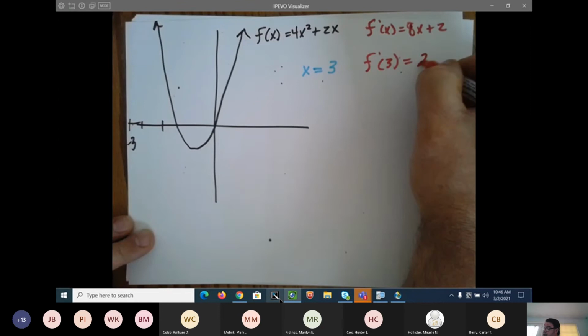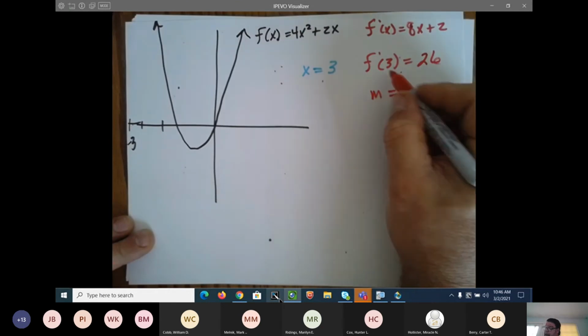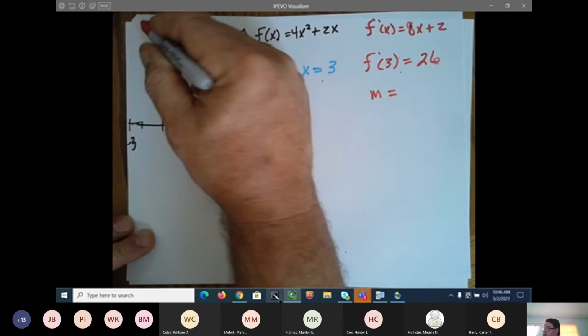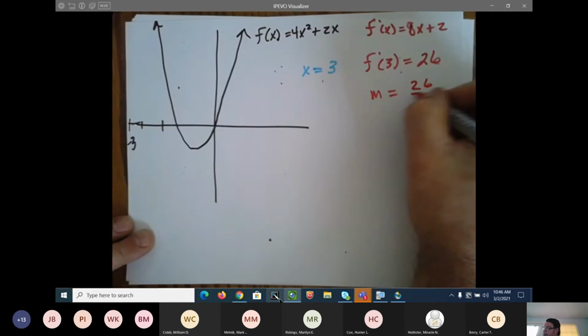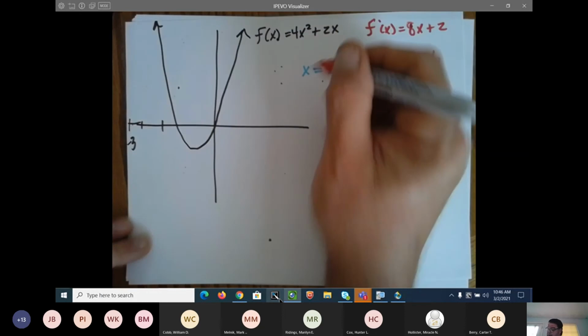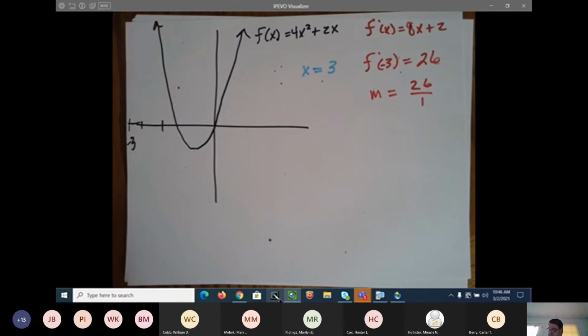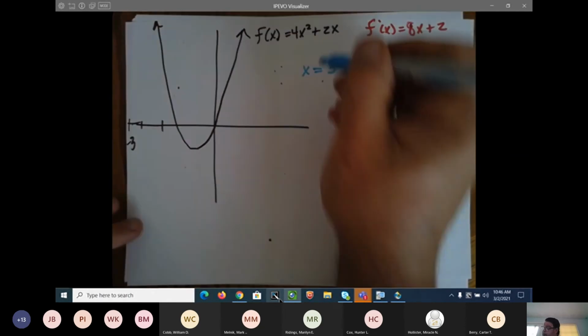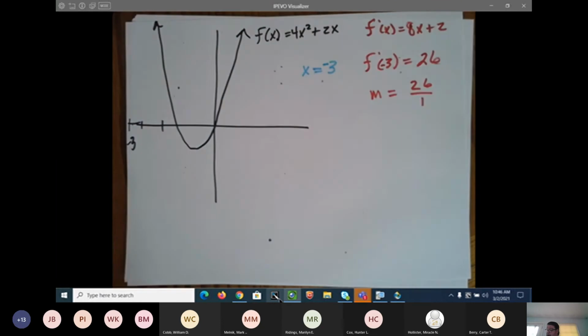So the slope at x equals 3 on this point up here is 26 over 1. Wait a minute, that should be -3. Thank you. x equals -3, so that would be -26 over 1.